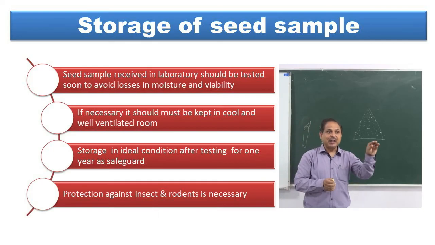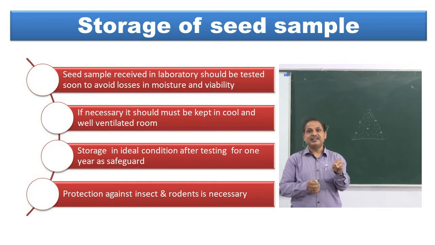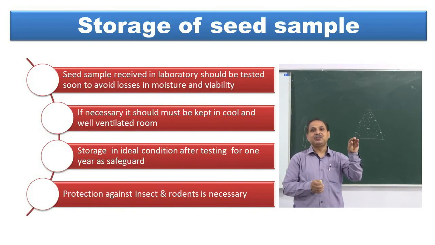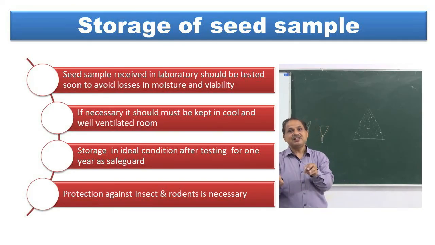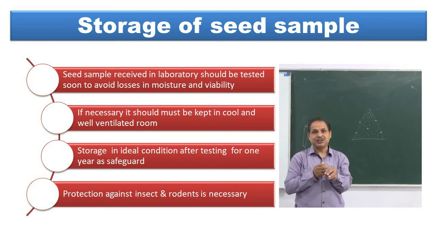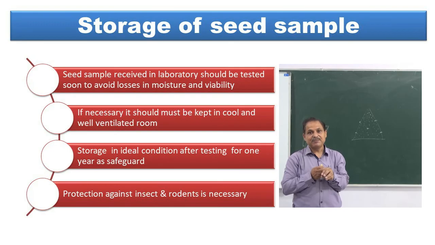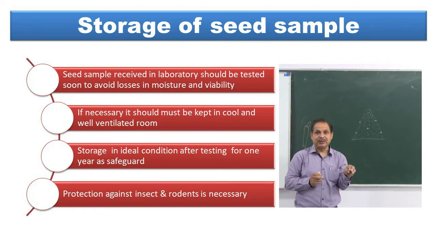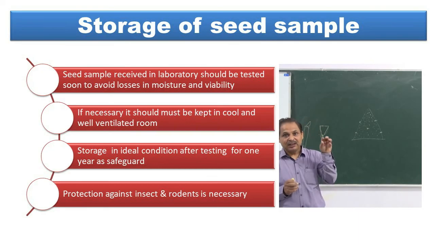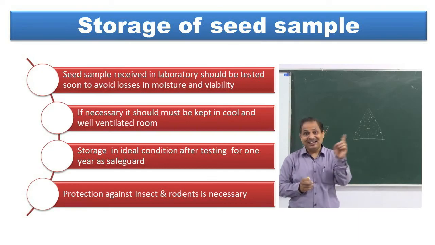If we have tested the seeds from the respective seed samples, the results are released to the concerned persons from where the seed lot and seed samples were received. If there is any objection from the counterpart, they again come to the seed testing laboratory and apply for retesting.